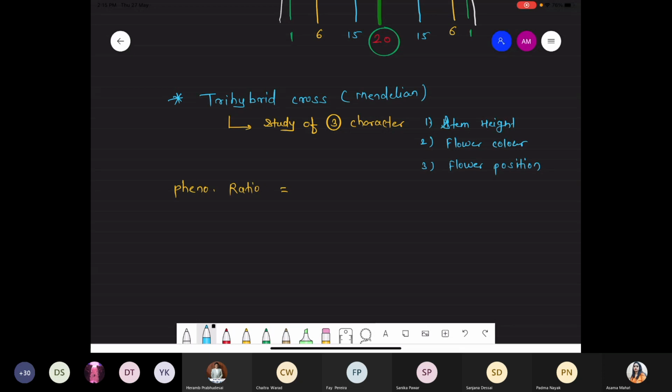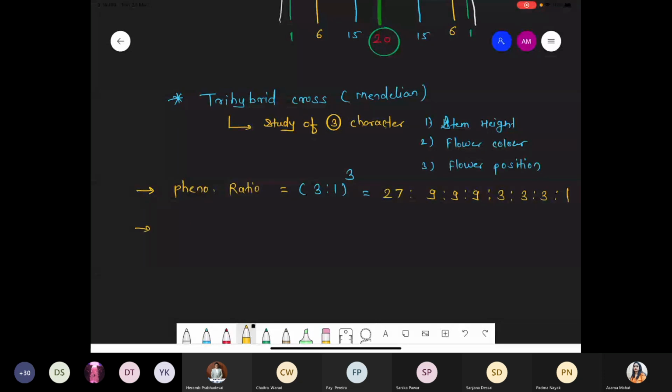Phenotypic ratio is (3:1) raised to 3, because 3:1 is the phenotypic ratio for the monohybrid cross. Raised to 3 means we are talking about the trihybrid cross. When you solve it, we get the answer 27:9:9:9:3:3:3:1. These are the phenotypic ratio for the trihybrid cross.